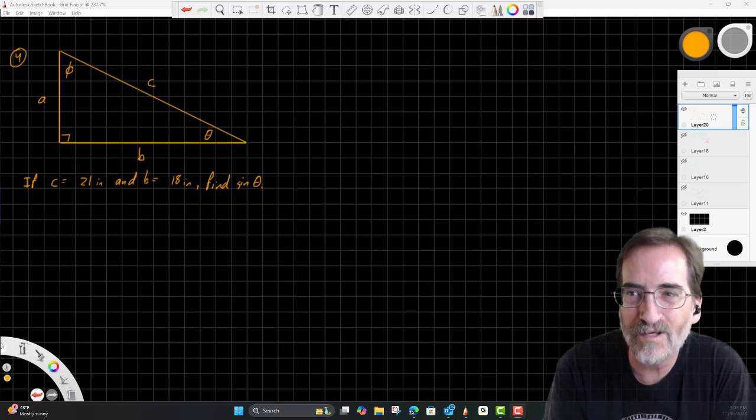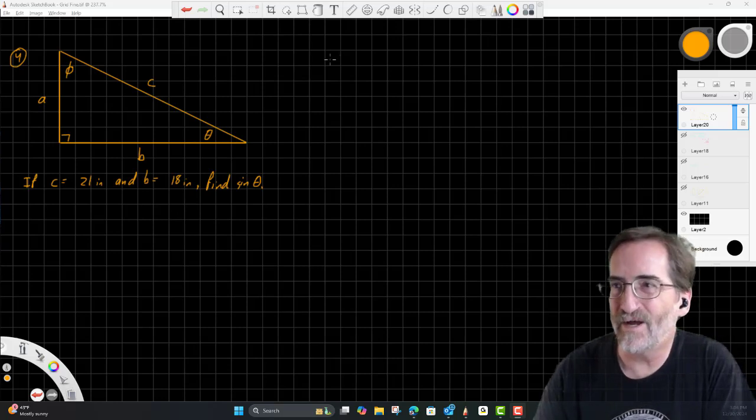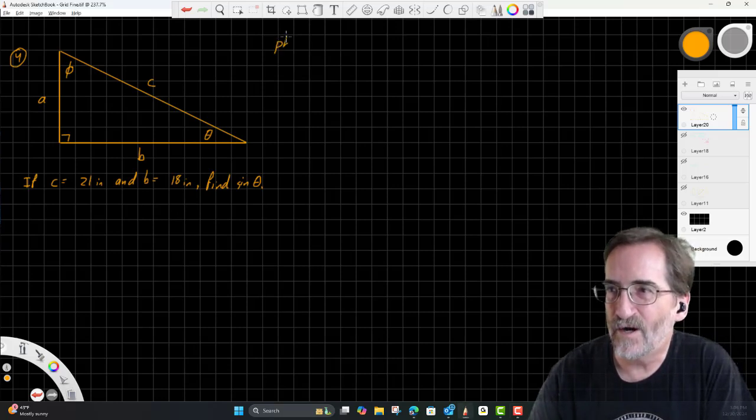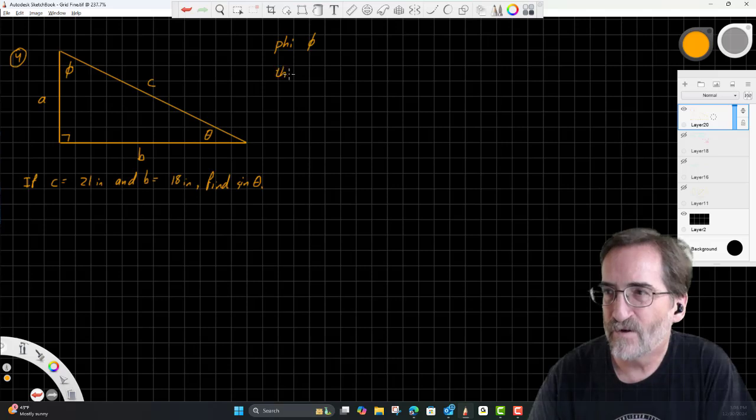Okay, number 4, you're given a funny looking drawing of a right triangle where the sides are labeled A, B, and C, legs A and B, and hypotenuse C. And then you've got two reference angles mentioned. You have the Greek letter phi, P-H-I, that's this circle with a diagonal slash through it, and the Greek letter theta.